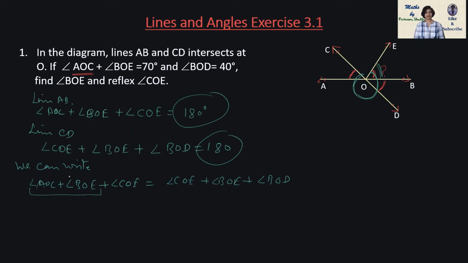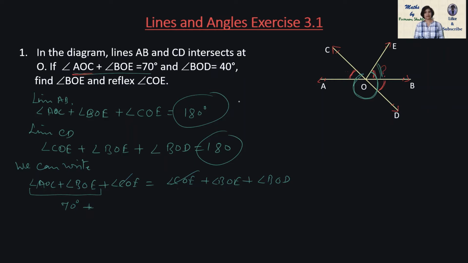Now we put the values. Angle AOC is 70 degrees, so here we write 70 degrees plus angle COE here and COE here. These will cancel, because taking it to this side it becomes minus, so plus and minus cancel. We cut these two.